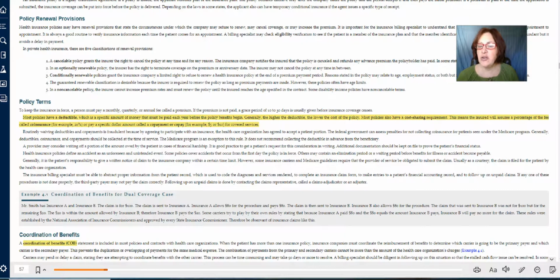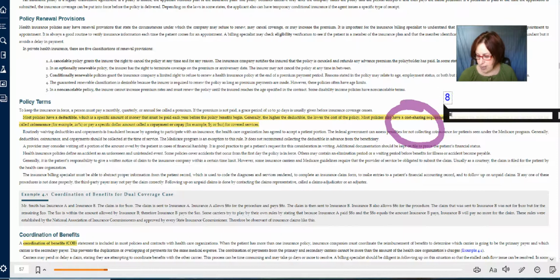Do they pay 100%? Probably not. Your insurance policy is written explaining how it's covered. And if it's written to cover 100%, then you're good to go. Most patients, that's not the case. A cost sharing is a percentage.